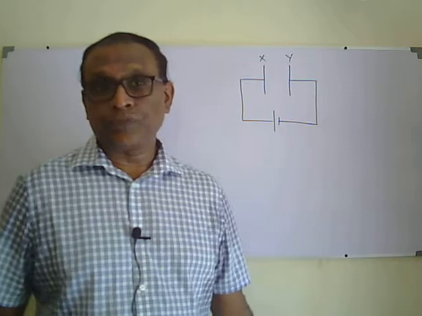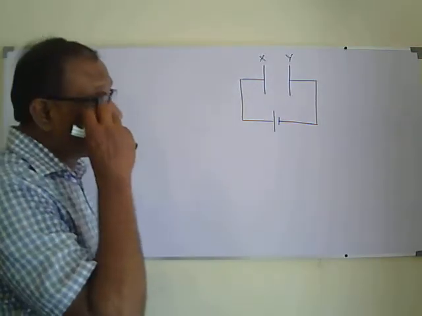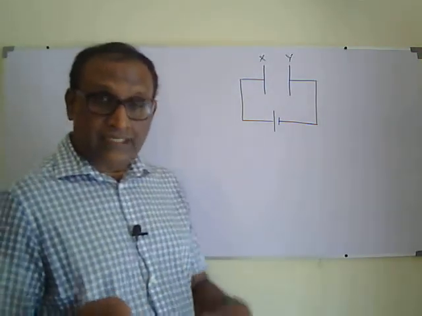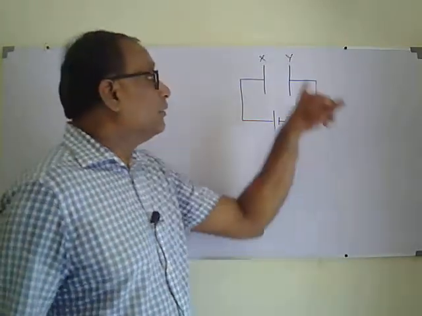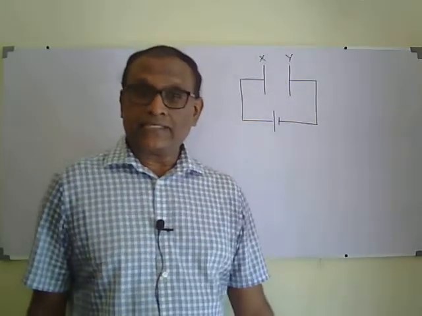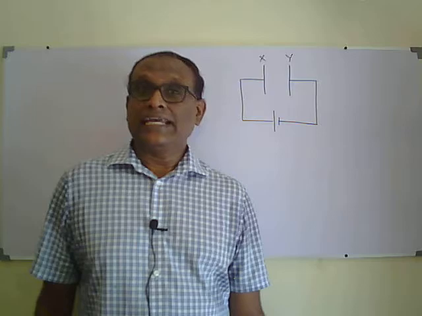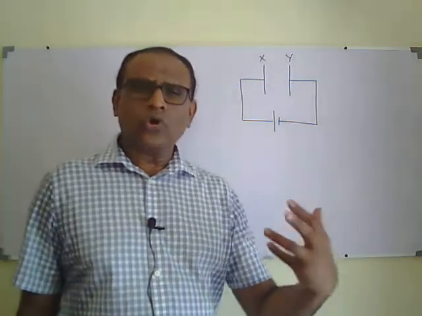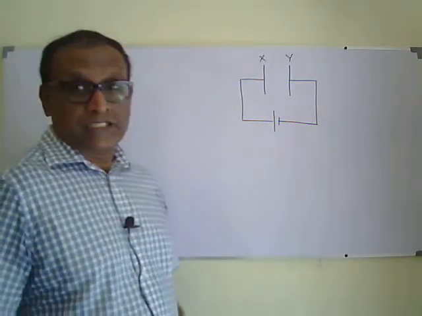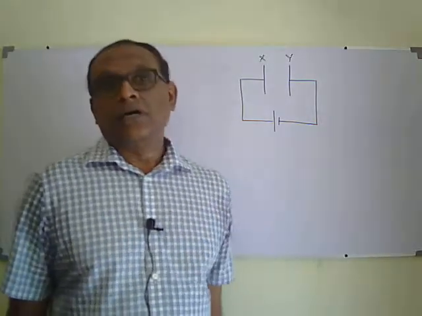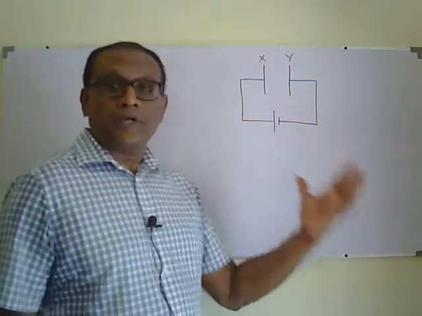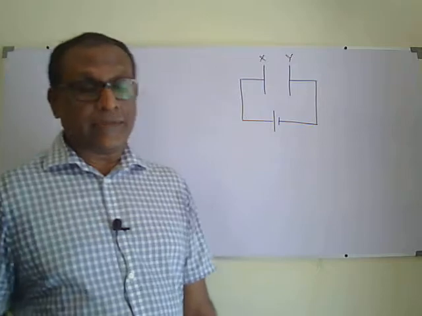That is the work done. Not 100 percent of it, but a part of that work done will be stored in the capacitor in the form of electrical energy. We'll try to get the expression, the formula, for the energy stored in a capacitor.